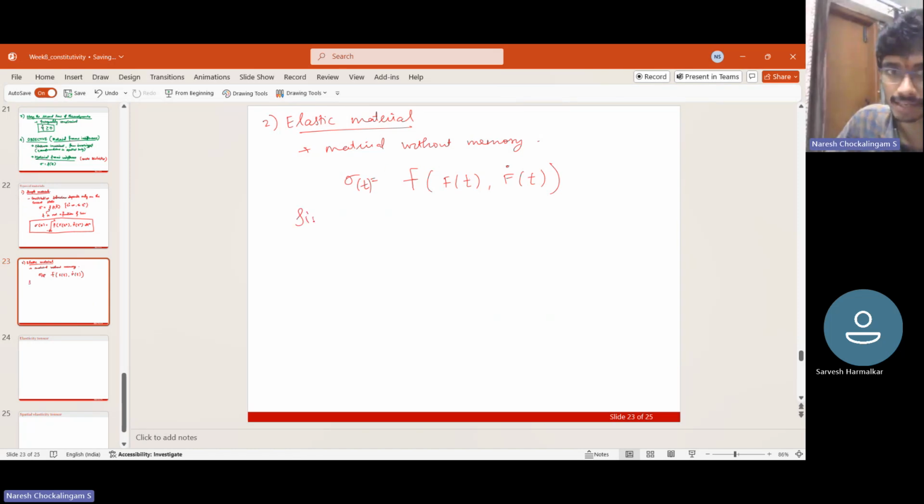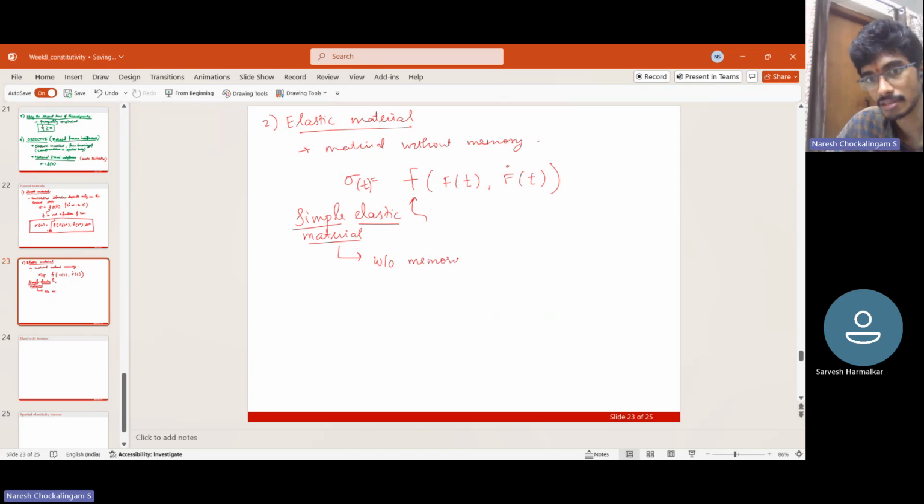So a simple elastic material is one in which this relationship itself does not depend on time, and it doesn't have memory.